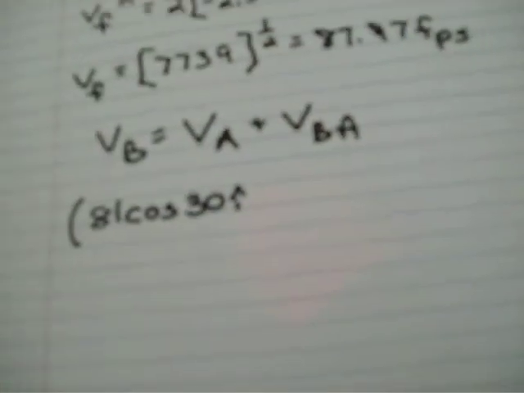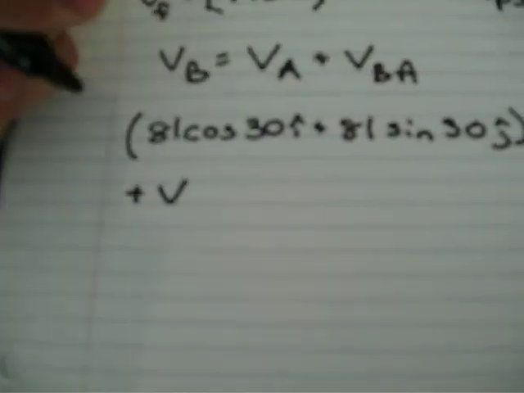Okay, and it's at an angle of 30 degrees, so 81 cosine 30 i plus 81 sine 30 j, and this is going to equal, A is only traveling in the x direction, so it's going to be 87.97 i plus V of B with respect to A. Okay?